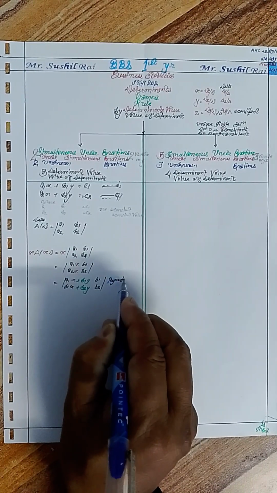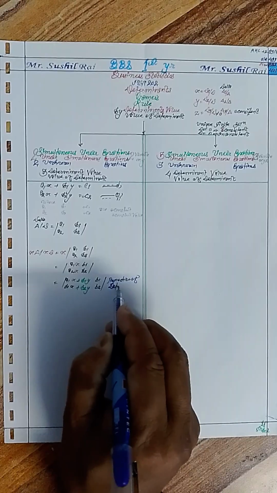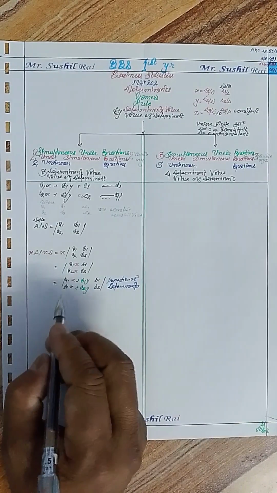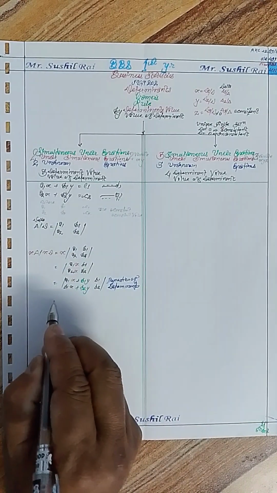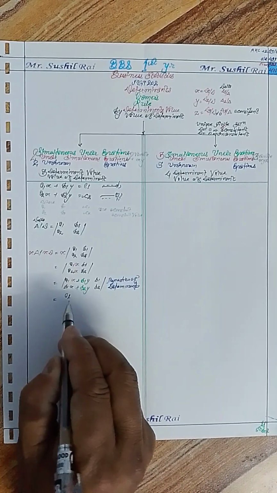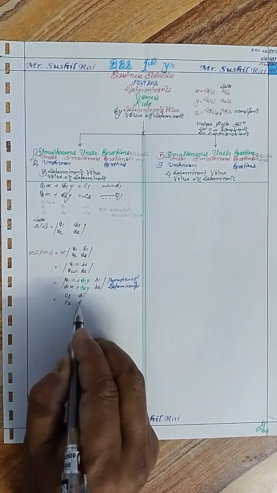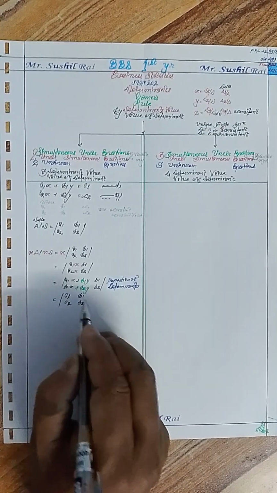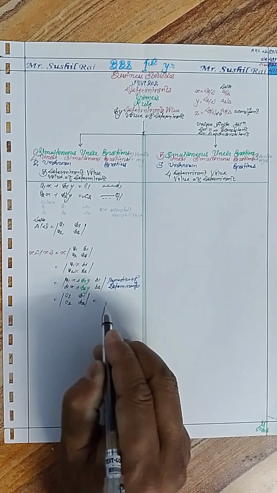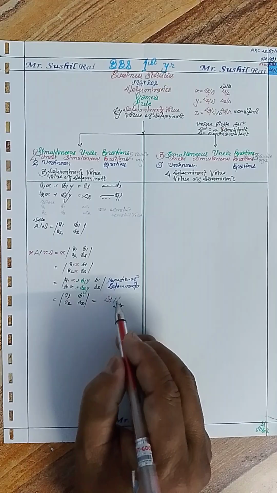Properties of determinants: this equals the determinant with rows c1, b1 and c2, b2, which equals D1, delta 1.